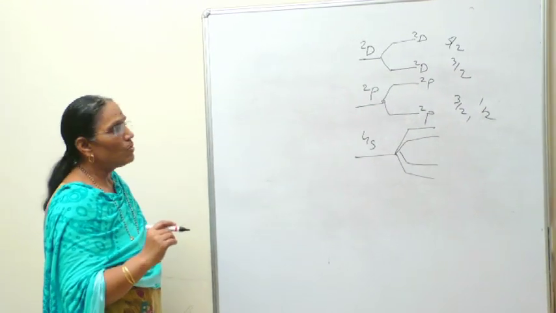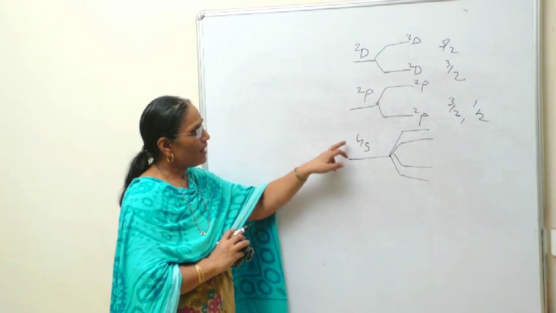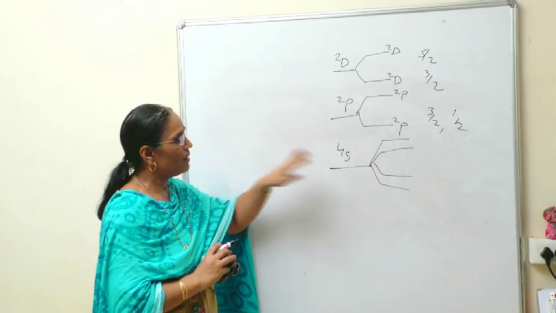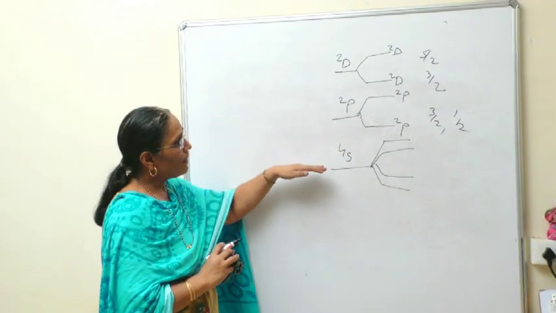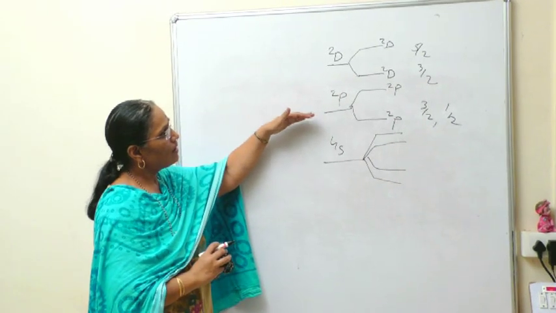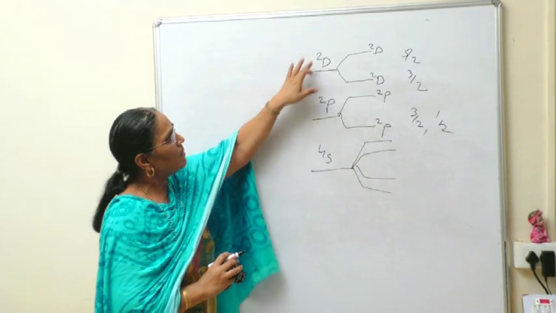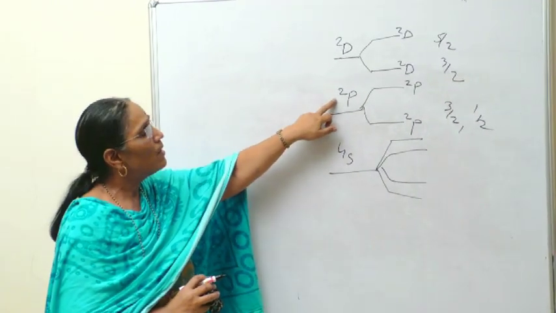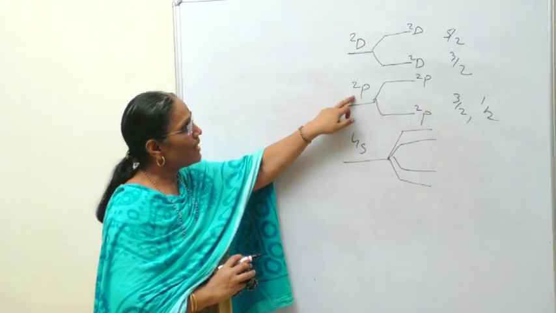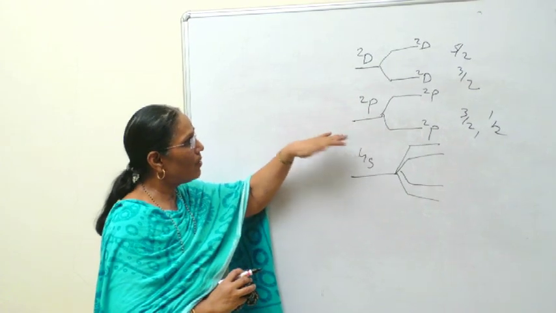According to Hund's rule, the term which has the highest spin multiplicity is the ground state, followed by the term having the next highest spin multiplicity, but these two terms have the same spin multiplicity. Therefore, according to the second Hund's rule, the term which has the highest orbital multiplicity is at lower energy.